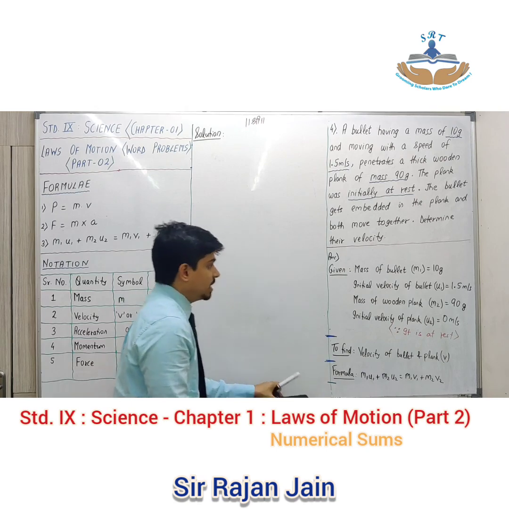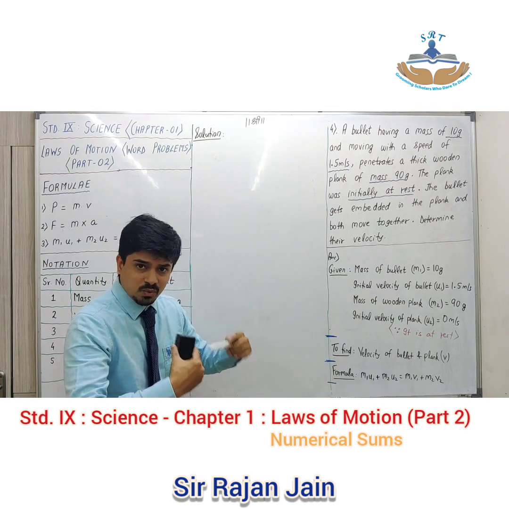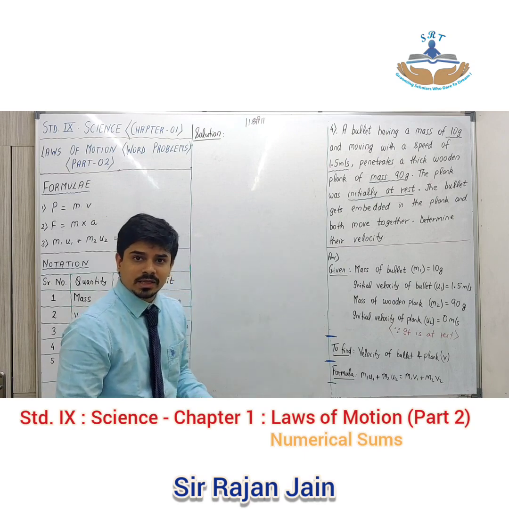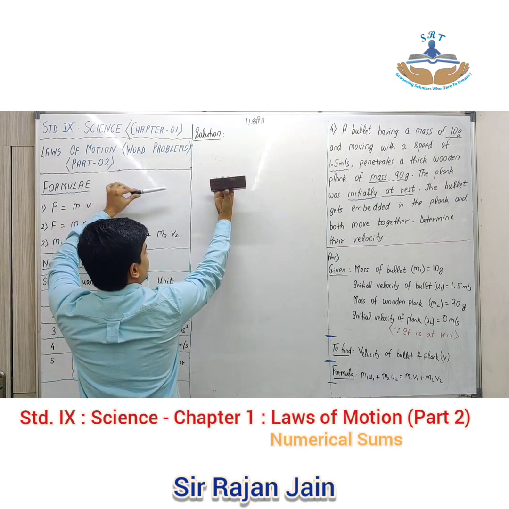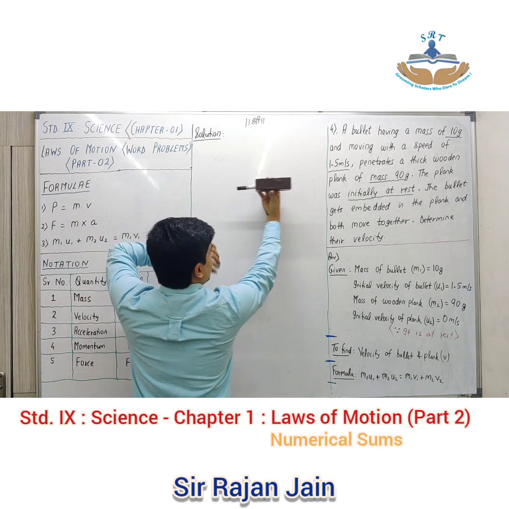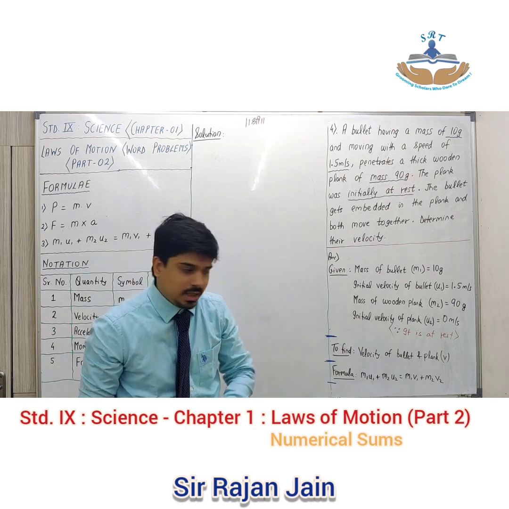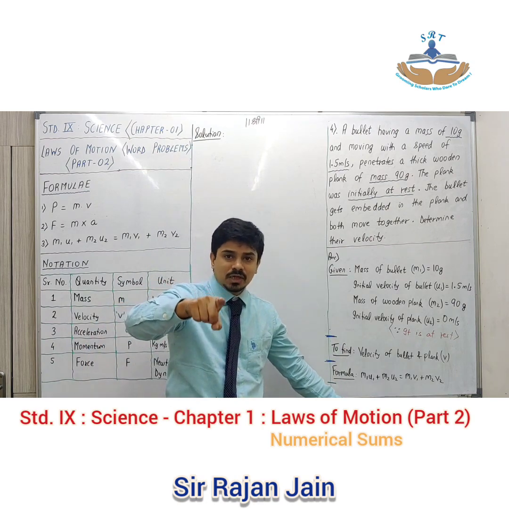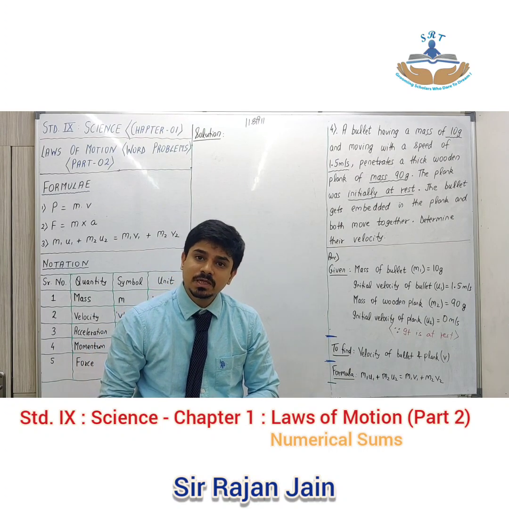Now what is happening is, they are telling us to find the velocity with which both are moving together ahead. ये मेरा wooden plank था, okay, ये bullet था. Once the bullet penetrates and gets embedded, they both move together. If they both are moving together, means can I say after the collision, the velocity of the bullet and the plank should be the same.